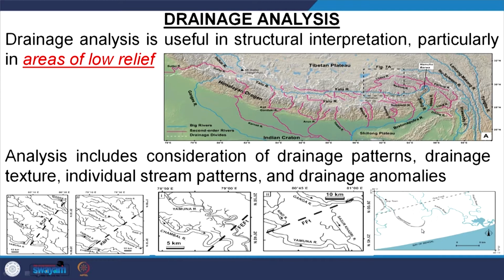Now, suppose this Chambal river is flowing here, and you see there is a change in meanders, a change in sinuosity of this river. Similarly, here there is a change in sinuosity. These are anomalies. That means within a straight channel, or a braided channel, you will find some exceptions.